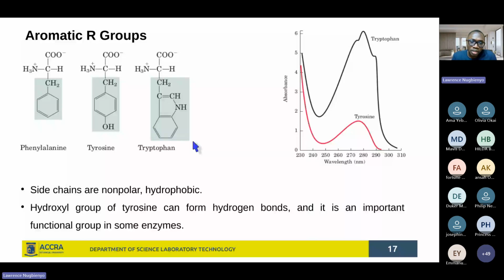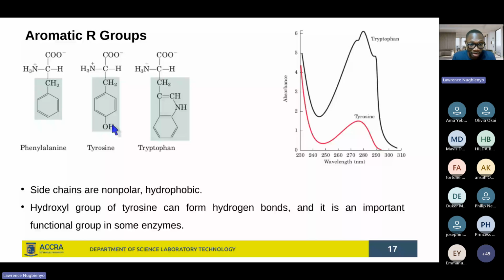Right. Then another thing you can keep in mind is that tyrosine has a hydroxyl group. This hydroxyl group is capable of forming hydrogen bonds. Remember, we just saw aliphatic side chains, non-polar, which we said were hydrophobic.